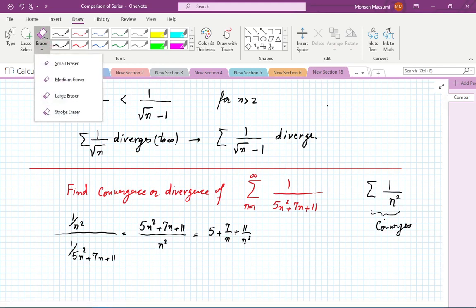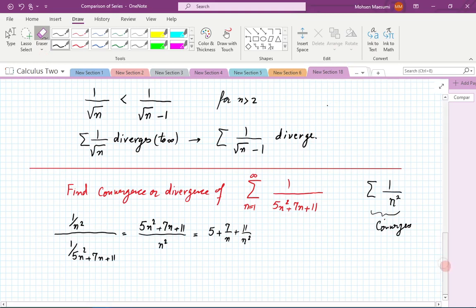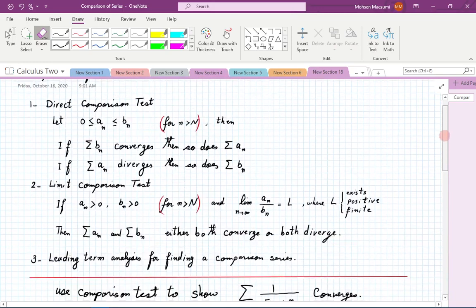Okay, now we ask ourselves, as n goes to infinity, what happens to this? As n goes to infinity, there is a limit. That limit is positive and is not infinity, is not 0 either. It is a definite number between 0 and infinity, and that is what this theorem requires.